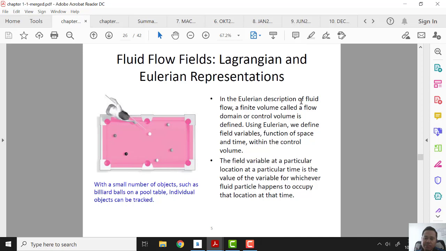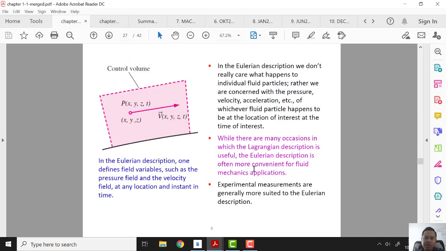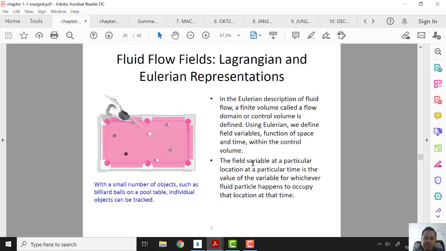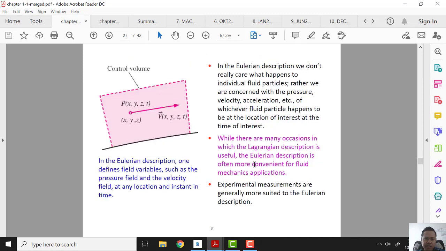In the Lagrangian description of a fluid flow, a finite volume called a flow domain or control volume is defined. Using Eulerian, we define field variables as functions of space and time within the control volume. This is Eulerian. The field variable at a particular location and a particular time is the value of the variable whenever a particle happens to occupy that location at that time. Okay, this is Lagrangian. Where is Lagrange? Oh, they don't have any Lagrange here.